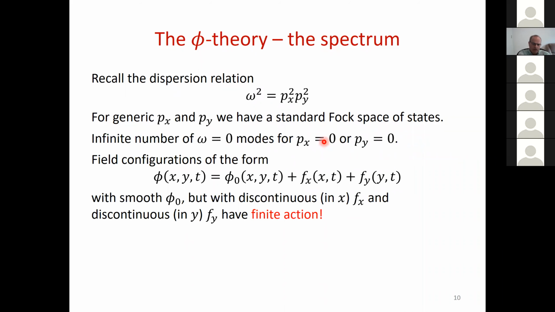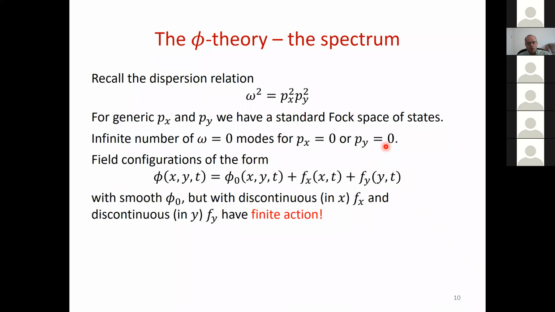But the peculiarities are, of course, associated with the modes with zero omega. These are modes with either vanishing Px or vanishing Py, and they need special attention. Vanishing Py means the mode is independent of y. Vanishing Px means it's independent of x.